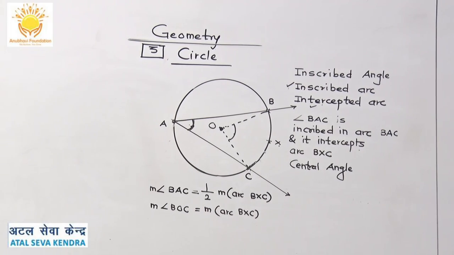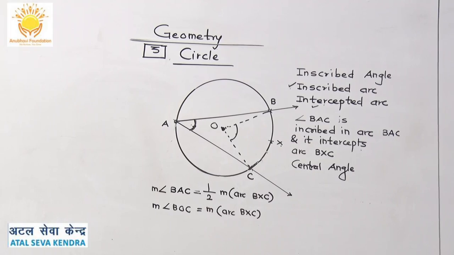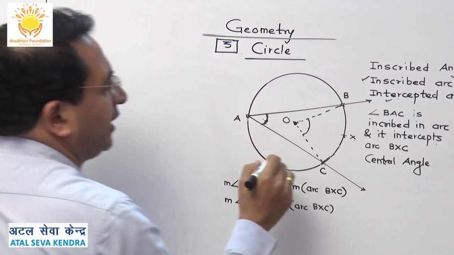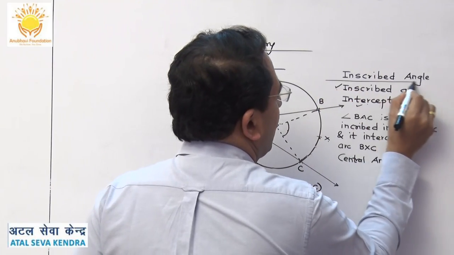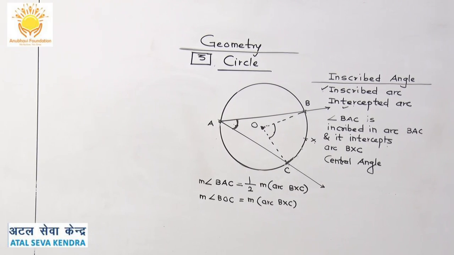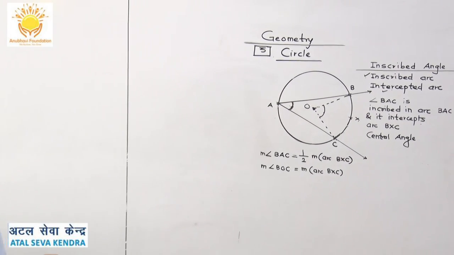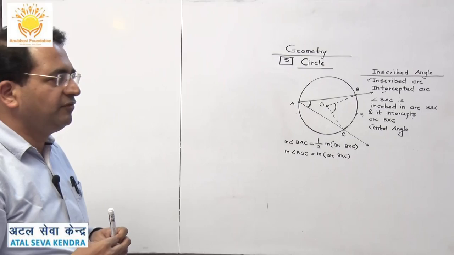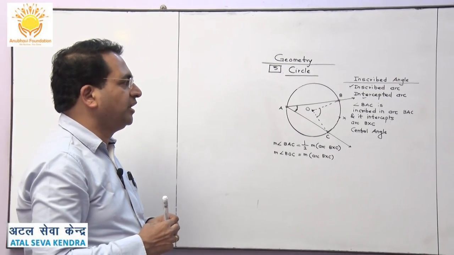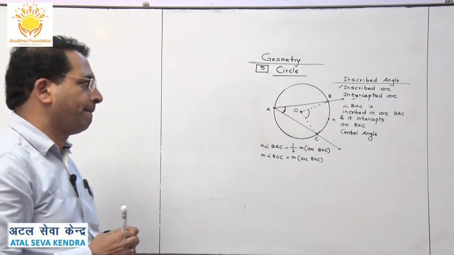So the measure of arc and the measure of angle are all expressed in degrees. This comes under the heading inscribed angle theorem. What is the statement of that? The measure of an inscribed angle will be half the measure of the corresponding intercepted arc.